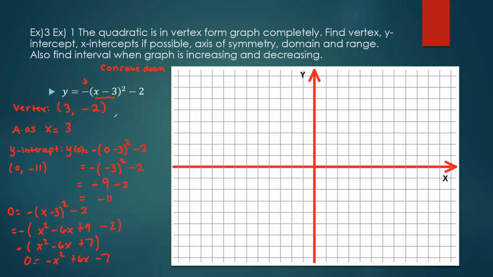Let's figure out our a. Couldn't we just divide everything by -1, including the 0? So that would be 0 equals x squared minus 6x plus 7.